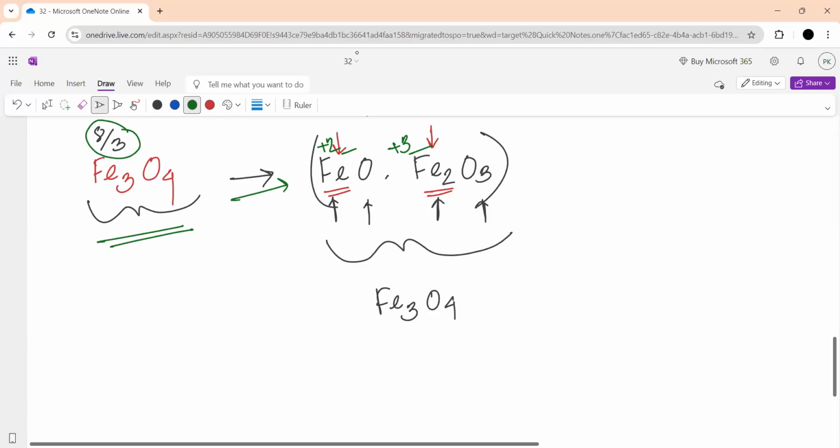Now between FeO and Fe2O3, in which case does iron have the higher oxidation number? In Fe2O3, right? In Fe2O3 it is +3 and in FeO it is +2. So in this case it has the higher oxidation number, so this we will call ferric oxide.